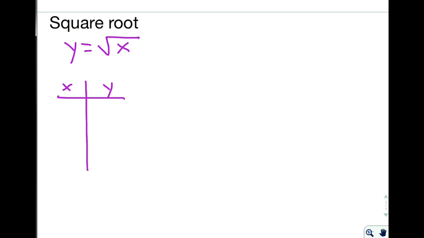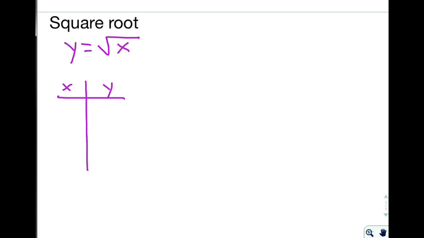I'm going to plug in no negative values in here. And the reason is, if I were to plug in, let's say, a -2, the square root of -2 is actually undefined. It is a non-real number. Plug it in your calculator, it's going to give you an error.